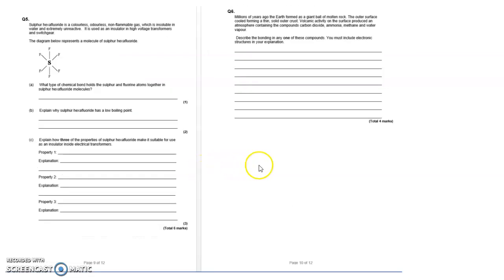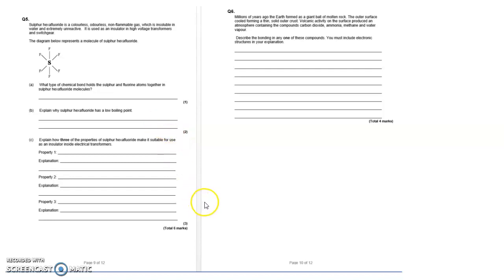Okay, question 5a, you've got some information about sulfur hexafluoride. It doesn't matter that you've never heard of it, perhaps. It tells you it's insoluble, it tells you it's extremely unreactive, and it tells you it's used as an insulator.